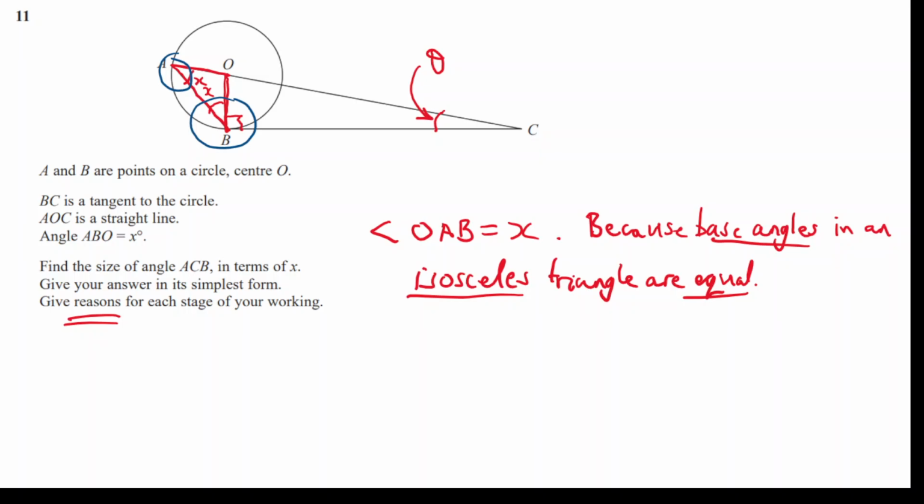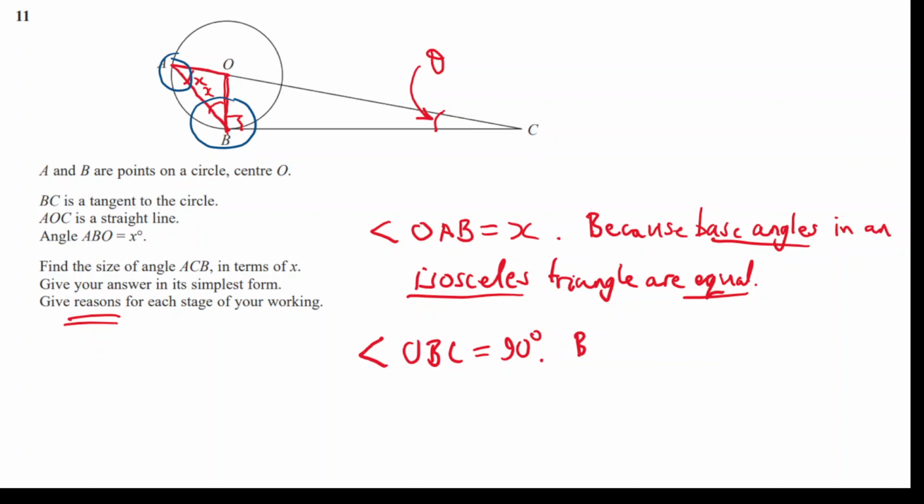This angle here is going to be a right angle because you have a radius OB meeting a tangent BC. And when a radius meets a tangent, they are perpendicular to one another. In other words, that's 90 degrees between the two. So therefore we can say that angle OBC equals 90 degrees.